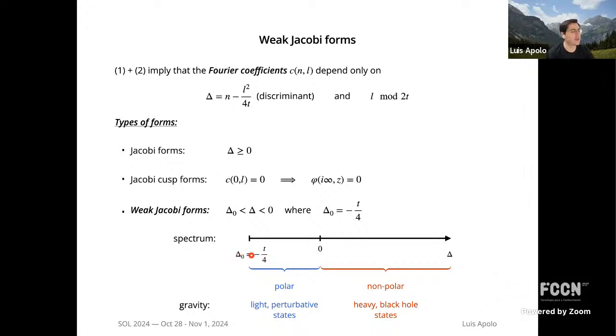This is the state with the minimum value of delta naught. But in addition to these polar states that describe this negative region of the discriminant, there are non-polar states that have a positive discriminant. And in the context of gravity, these would correspond to heavy black hole states.